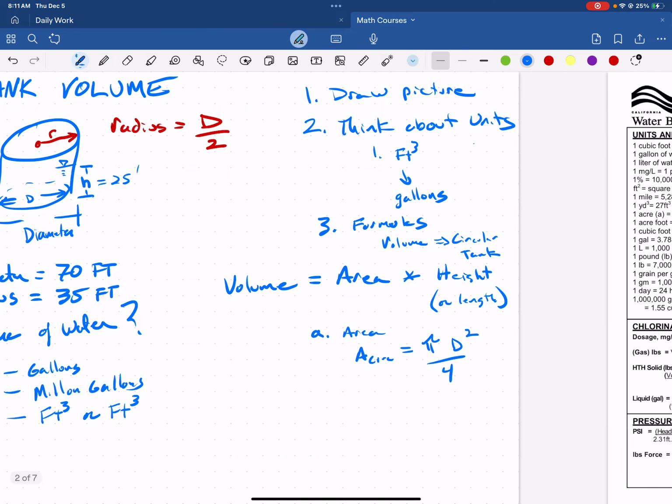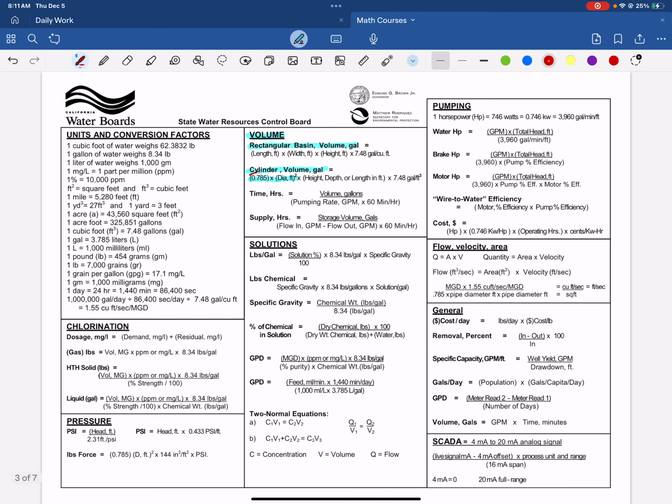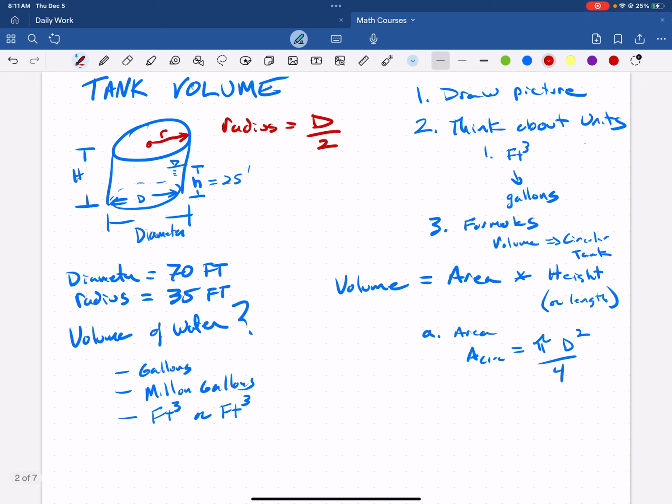Now, on that little cheat sheet here, they used 0.785 times the diameter in square feet. So where does that 0.785 come from? Well, on a quick little side note here, if you take pi, which is 3.14, over 4 times the diameter squared, that's the same thing that we just had up here.